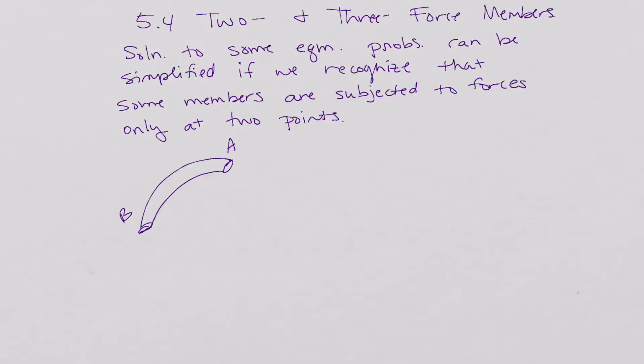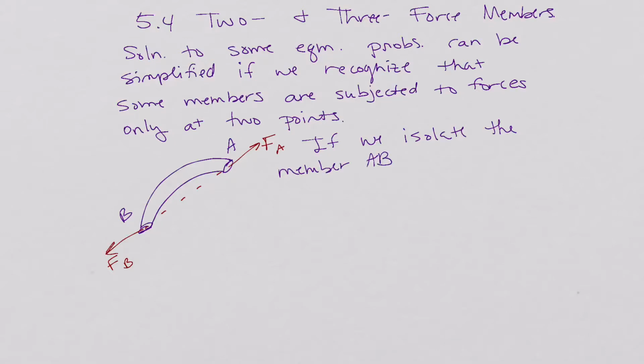And we have two forces, FA, FB. But if we isolate that member, AB, we can quickly determine that the resultant forces at A and B must be equal in magnitude and act in opposite directions.